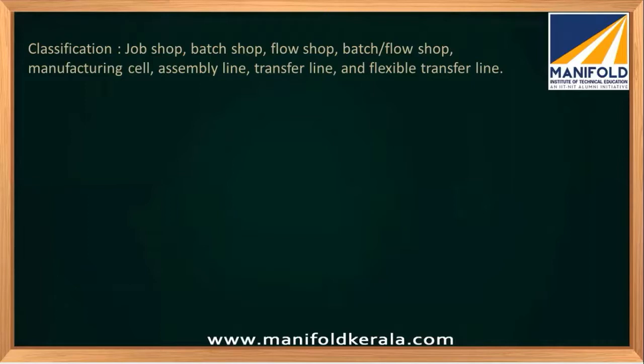Then we have to plan and come up with dynamic scheduling. If it is for cellular manufacturing, or an assembly line, or a transfer line or a flexible transfer line, then the challenges are different. But we have to do the scheduling, because that's how we are going to meet our demands on time.